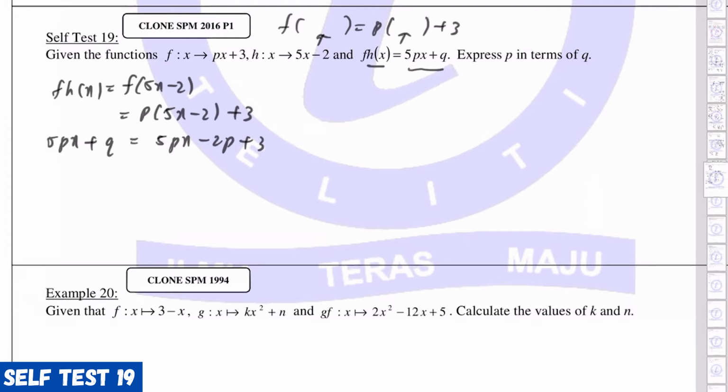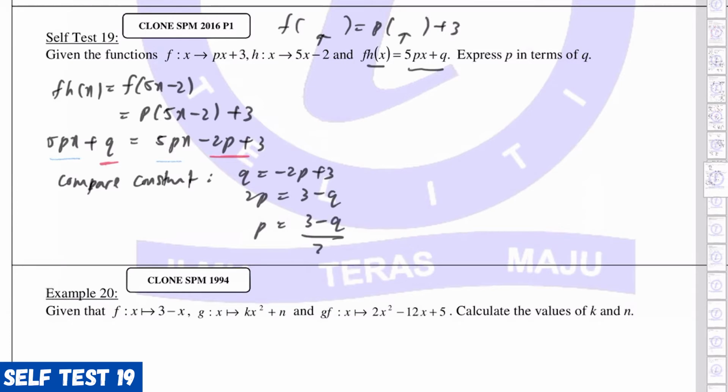Now notice the bx are the same now, so no point comparing this. We just have to compare the one involving constant. So we compare your constant. That means q is minus 2p plus 3. 2p is 3 minus q. p is 3 minus q over 2.